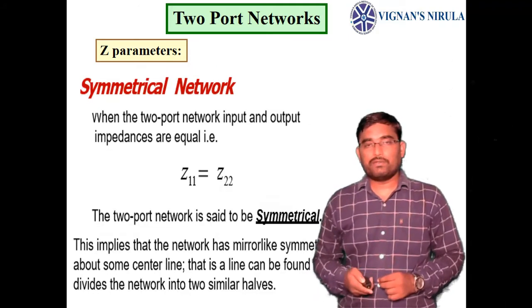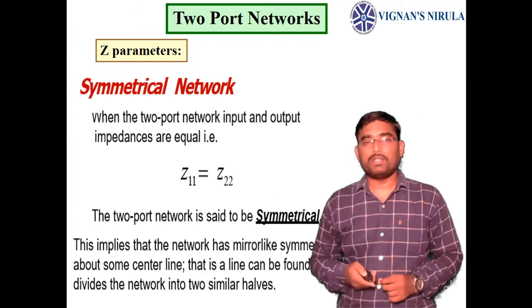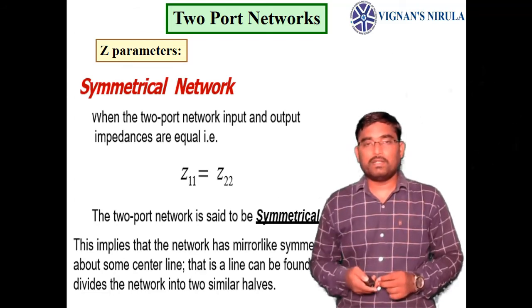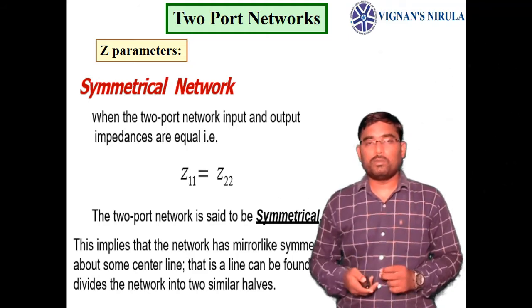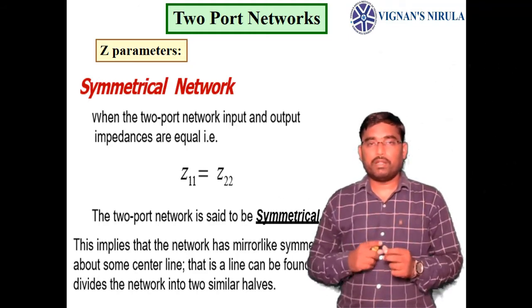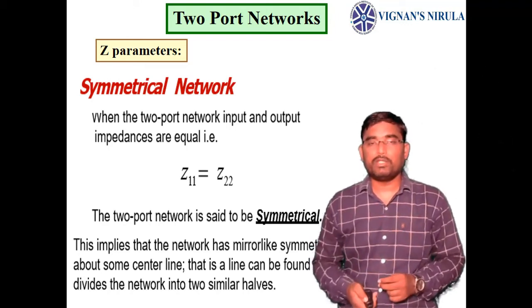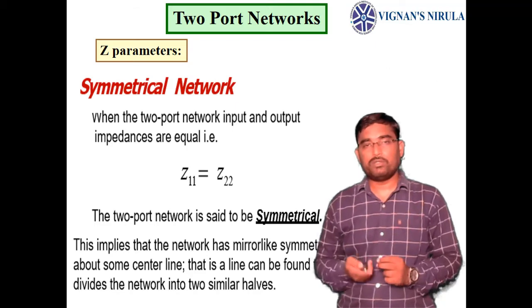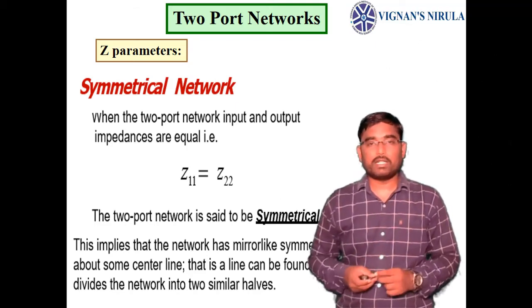Similarly, the condition for symmetry in terms of Z parameters is Z11 equals Z22. To derive this symmetry condition, V1 by I1 when I2 is 0 should be equivalent to V2 by I2 when I1 is 0. That means port 1 voltage by port 1 current when I2 is 0 should be equivalent to port 2 voltage by port 2 current when port 1 current is 0.